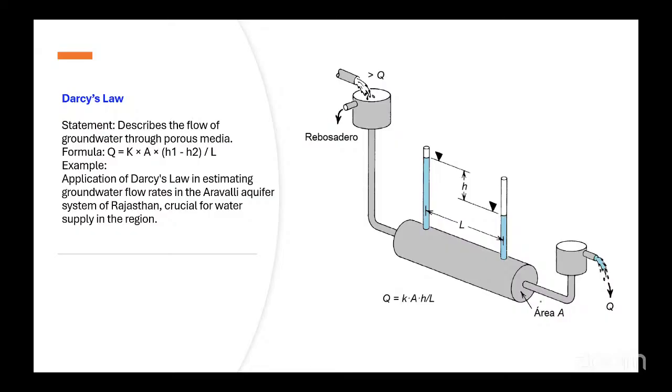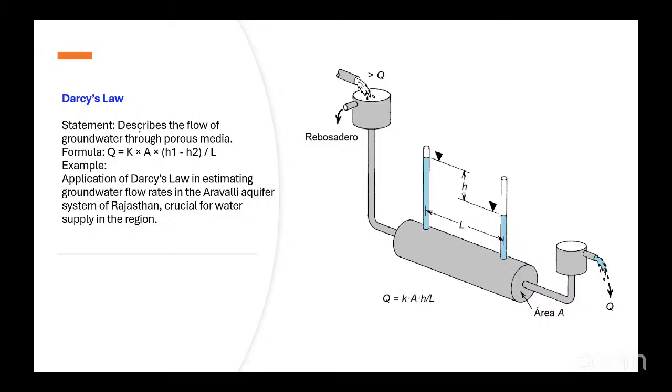Next, how will we measure the porosity, permeability, and transmissivity of an aquifer or any geological rock formation? We have a formula that is called Darcy's law. Based on these permeability, porosity, transmissivity, and storativity conditions, Darcy created this formula.